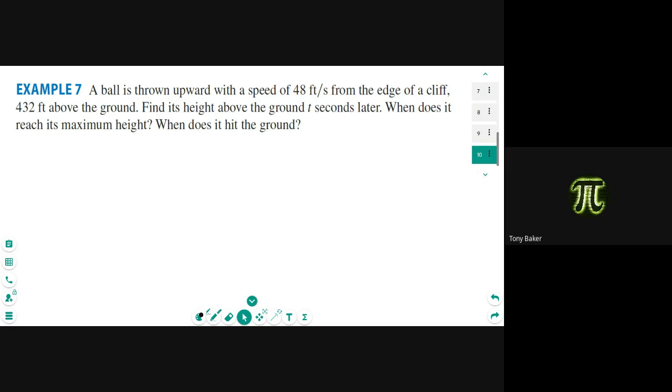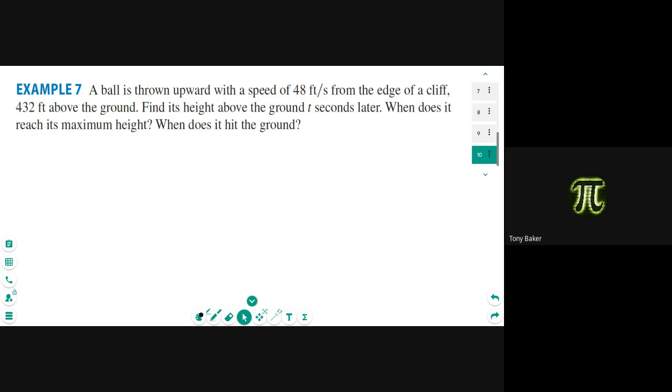Does anybody know the gravitational constant? 9.8. 9.8 meters per second squared, right? Okay, but this is in feet. Anybody know it in feet? Why would I know?